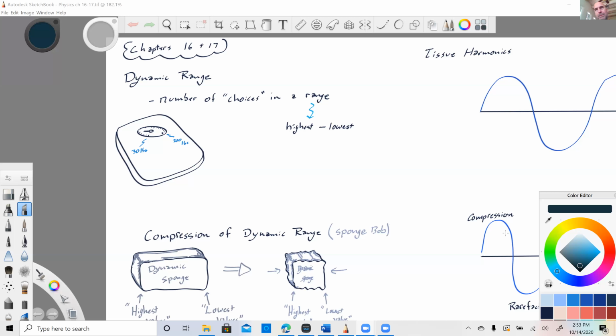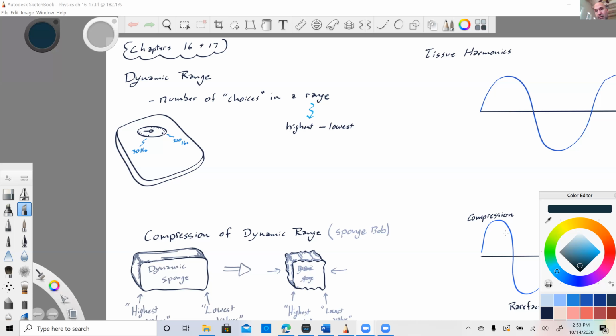So there are our personal ability, our human ability to see the difference between value points or not. And so if our dynamic range is too wide, we see the ends, but we don't see the individual points.